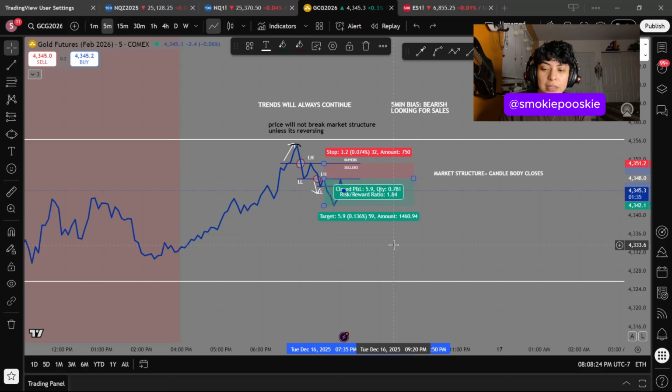So I don't really care, in my opinion, about the risk to reward yet, because I'm scalping. I'm trying to get what I can get. I'm trying to get a bag, until I can continue to build up my capital, continue to be able to swing trade.